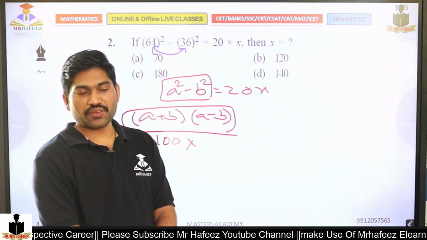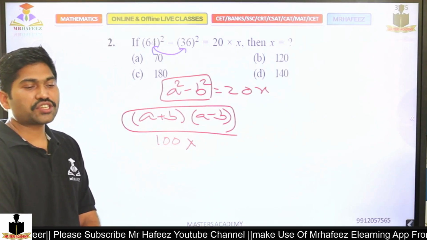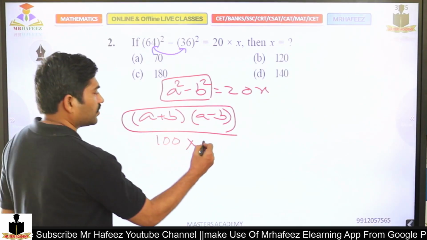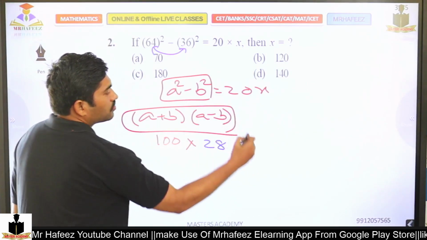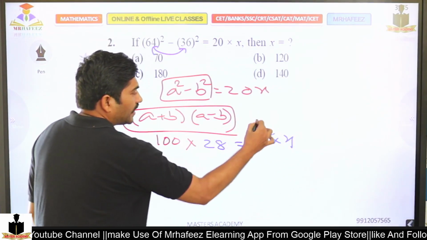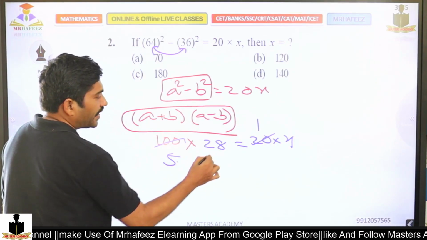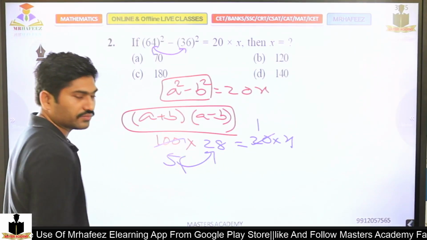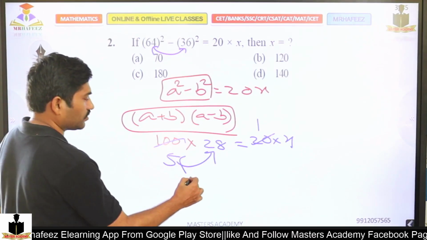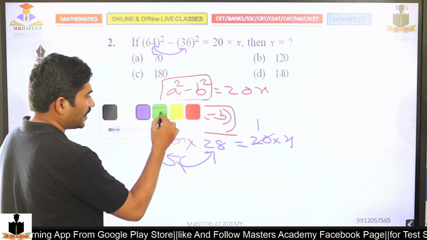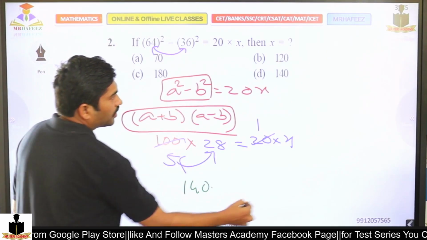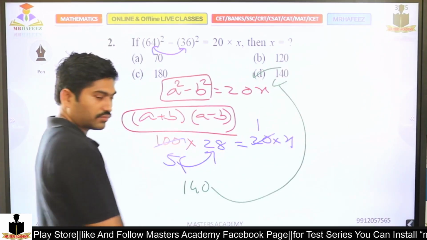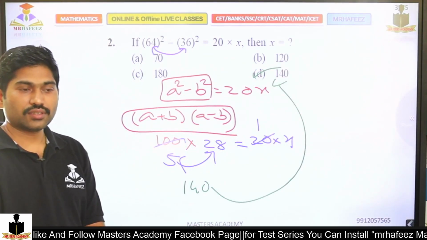Come on, type your answer. 64 minus 36, yeah, 28. So 28 equals 20 times x. So 5 times, 5 times 28 is how much? It's 140. So answer over. You should be very fast.